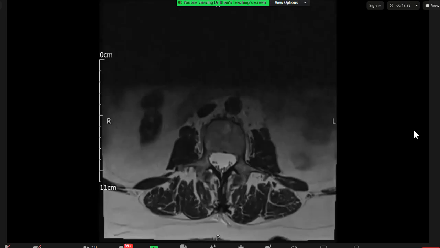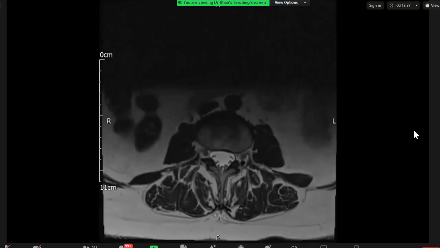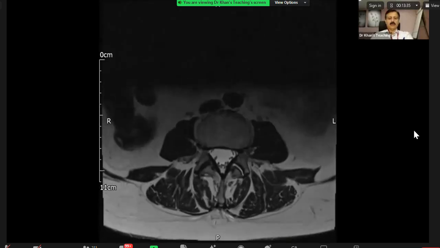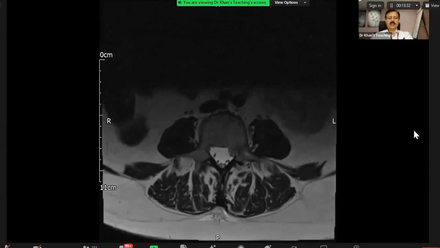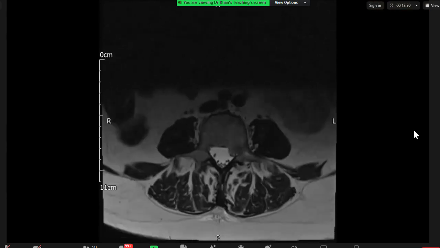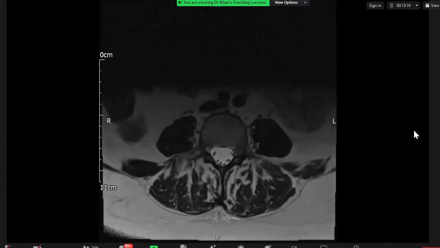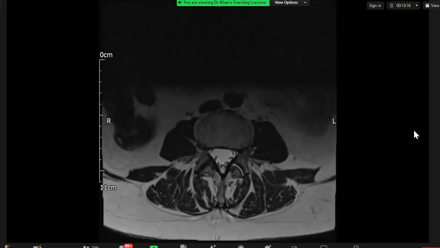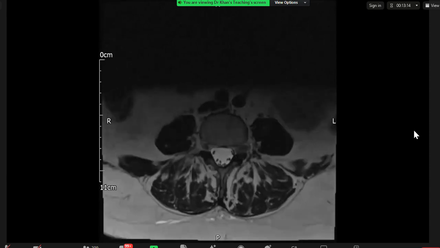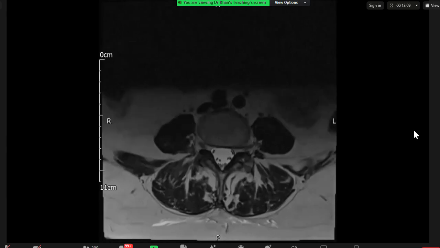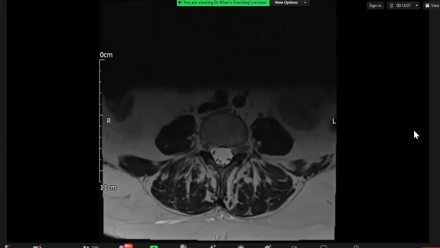Sorry, I think I was going the opposite direction. So here is the lesion, right? Yeah. So on this T2 weighted sequence, I note that the lesion I noted on the sagittal views appears to be separate from the disc, but it appears to be in communication with a structure going through the foramen on the left.